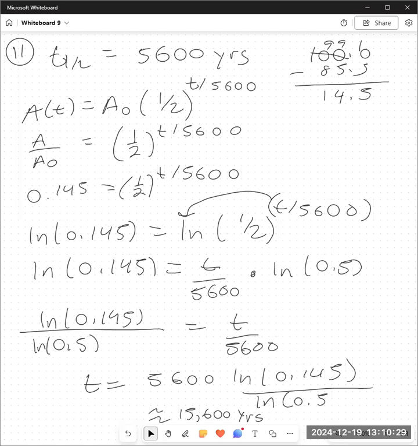Some other things to note here that it talks about in the article is that carbon-14 has a very short half-life. It's only good at dating things that are very young, within about 10 cycles of the half-life here. Otherwise, we get so little amount of carbon-14 left that it's hard to detect, or we're just going to destroy the entire sample of it when we go through our process of trying to collect it.